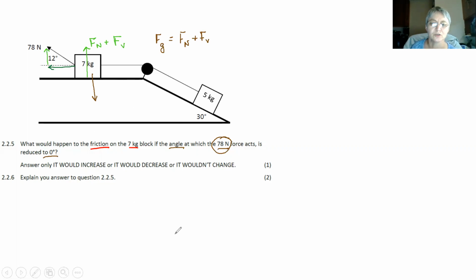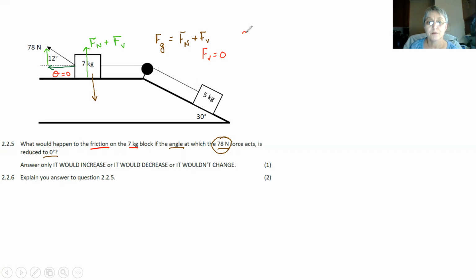Now, what happens to Fv when the angle theta becomes 0? Fv will be 0. In that case, the gravitational force would be equal to the normal force, which is much bigger than what it would have been if there was an Fv.